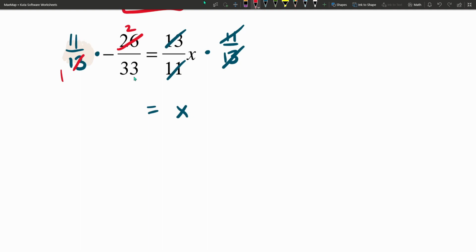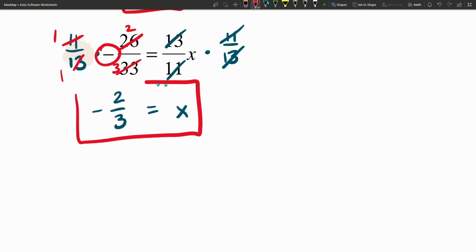And 11 goes into 33 evenly 3 times. So when I divide 11 by 11, I get 1. And when I divide 33 by 11, I get 3. 1 times 2 is 2. 1 times 3 is 3. And there's a negative in here. So that's going to be a negative 2/3. So negative 2/3 is my final solution on this worksheet.